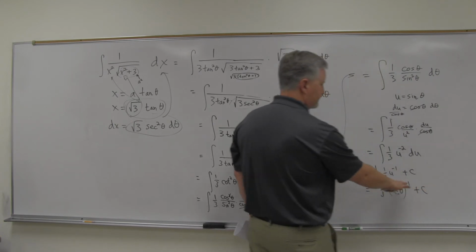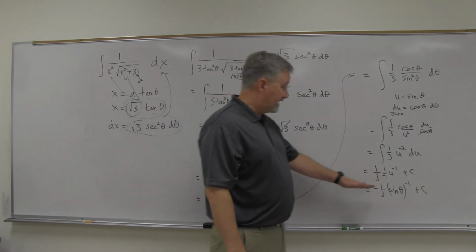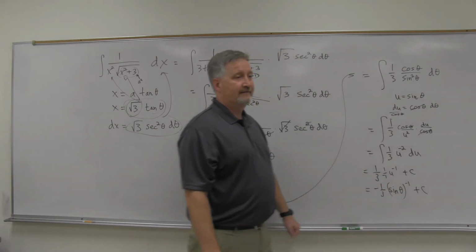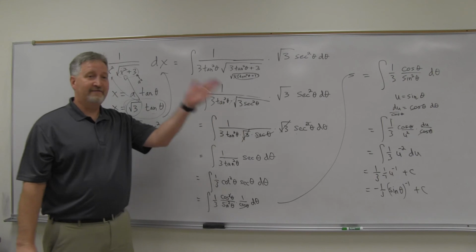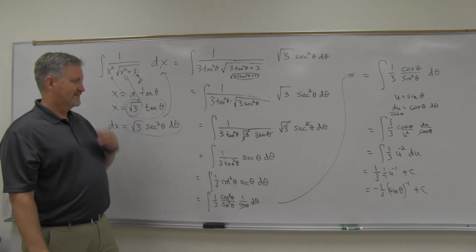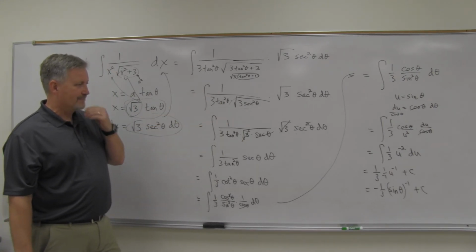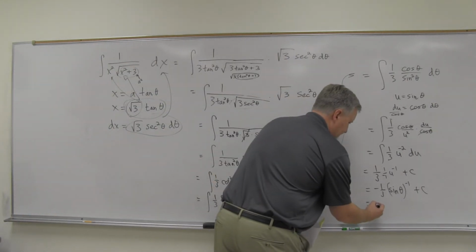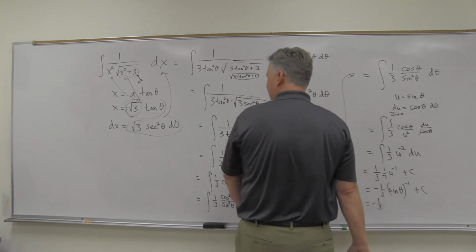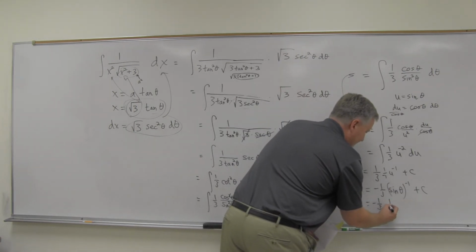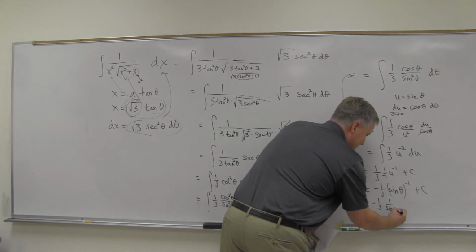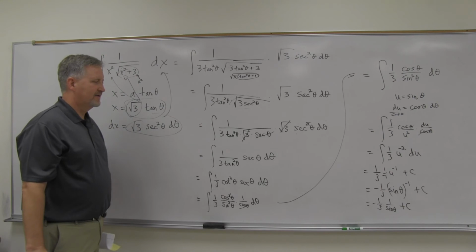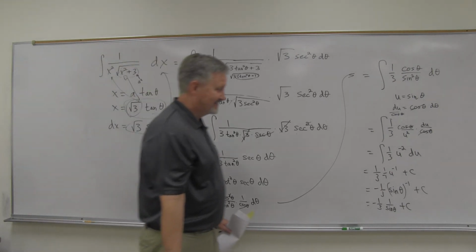Now you have to be careful there. That is negative 1 power, it's not the inverse sine. So it does mean flip it over. That one is 1 over sine, which is cosecant.